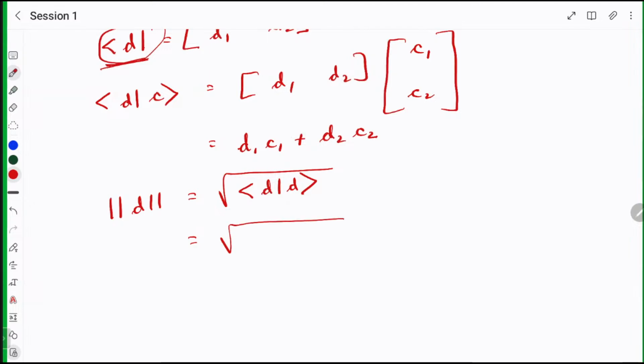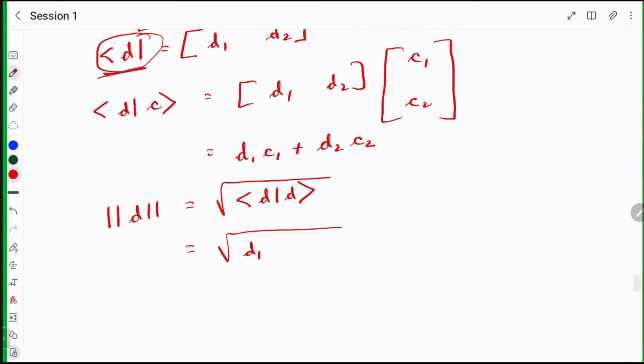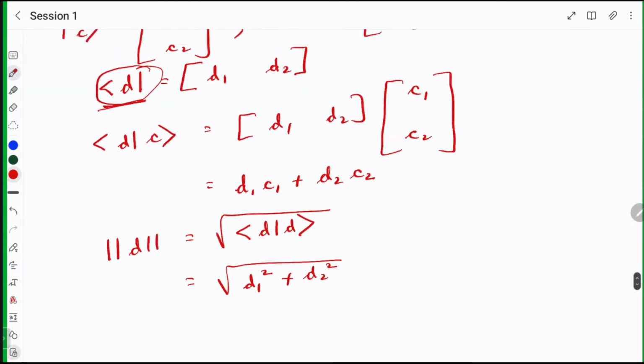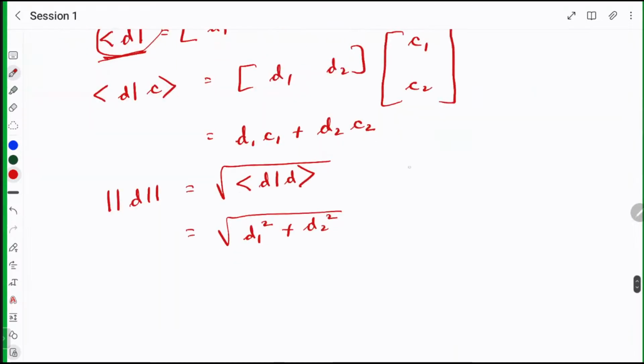If we do this, you can see that basically DC was D1 C1 plus D2 C2. Now the C1 will be replaced by D1, C2 will be replaced by D2. So D1 squared plus D2 squared. Now, as we said, D1 and D2 are complex numbers. So let's say D1 is some x1 plus iy1 and D2 is like x2 plus iy2.